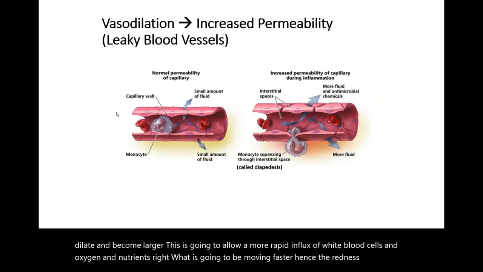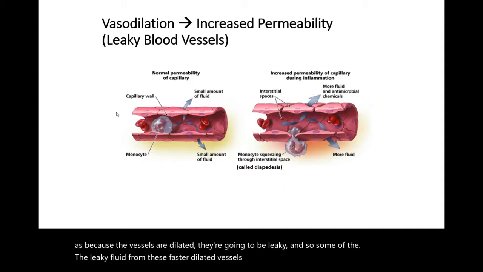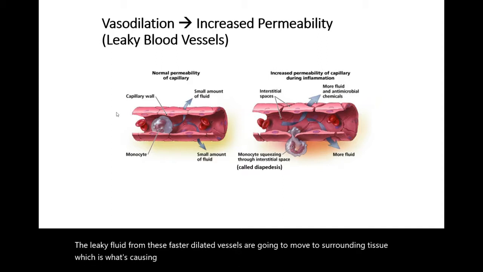But also, because the vessels are dilated, they're going to be leaky. And so some of the leaky fluid from these vasodilated vessels is going to move to surrounding tissue, which is what's causing the swelling. But some of that is going to push on nerve endings, which is where the pain is going to come into play.